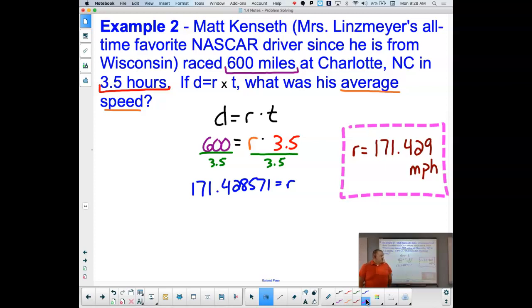I would say 71.4 or 71.43 or 71.429 miles per hour. Okay? So that answer makes more sense than, what would it be? 1,200 over 7 would be the reduced fraction there. Okay? So, all good.